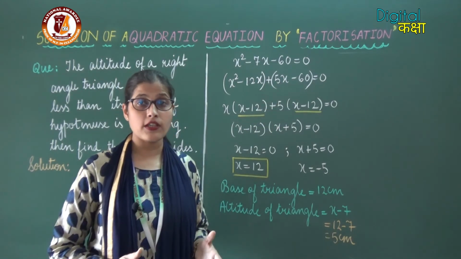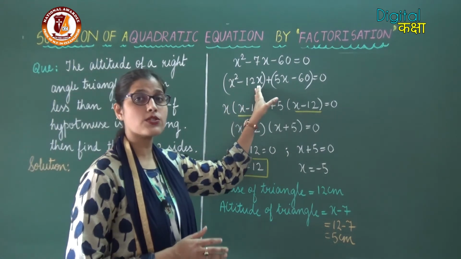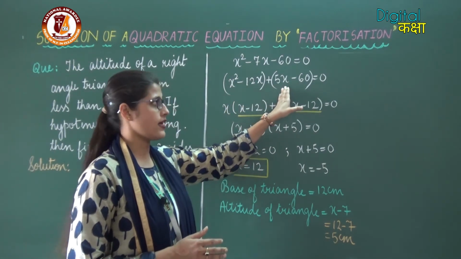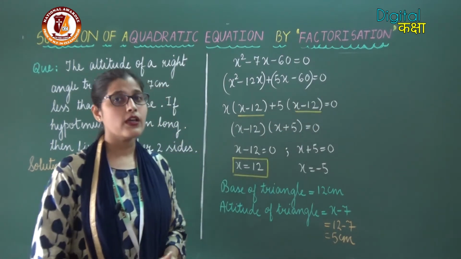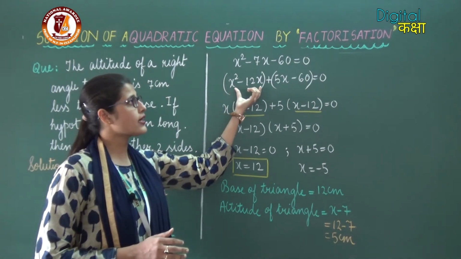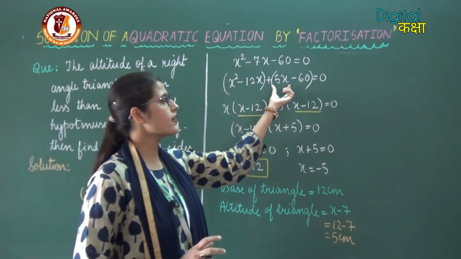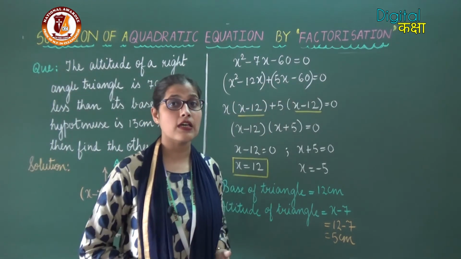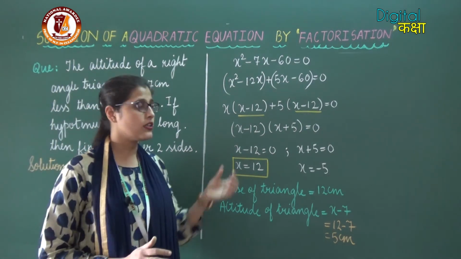So our equation will be written as x square minus 12x plus 5x minus 60 equals 0. Now we will be grouping. So x square minus 12x will be the first group and 5x minus 60 will be the second group. We will take out the common factor.